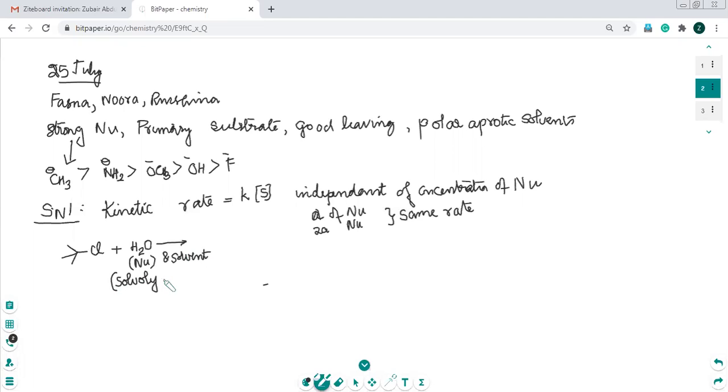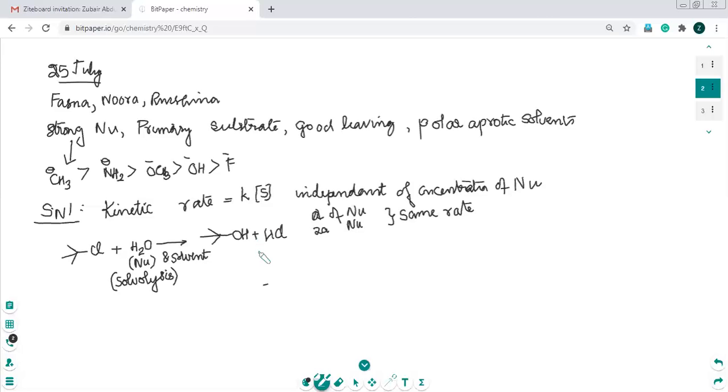So what is solvolysis? A substitution reaction in which the solvent is acting as a nucleophile. And what is the product here? You get tertiary butyl alcohol plus HCl.